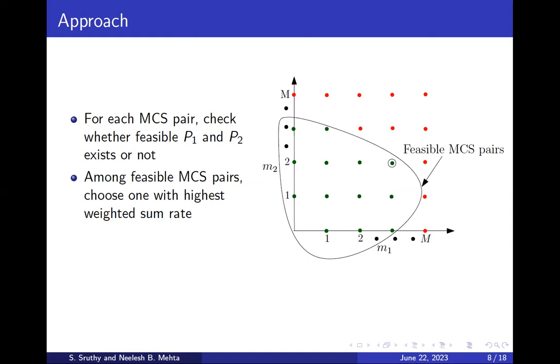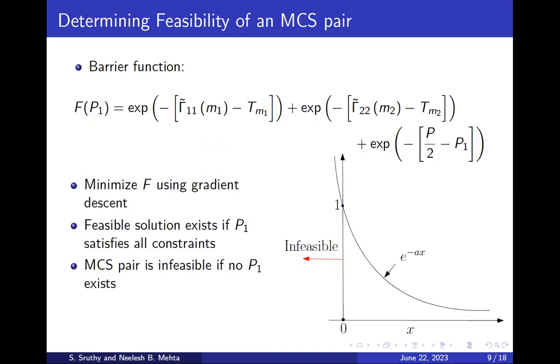We solved it. But how to determine the feasibility of an MCS pair? For that, we are proposing a barrier function based method. And here we define barrier function f to be the sum of 3 exponential terms. And each exponential term corresponds to a constraint in the problem statement. This is the block error rate constraint of user 1. This is the block error rate constraint of user 2.